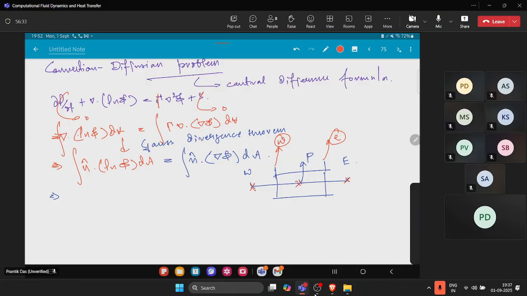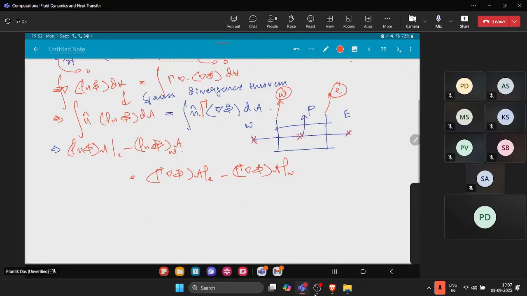Okay. So what you have to do is that this is basically rho u phi A at east face minus rho u phi A at west face equal to, there should be a comma, sorry, gamma grad phi at east and area at east face minus gamma grad phi area at west face.